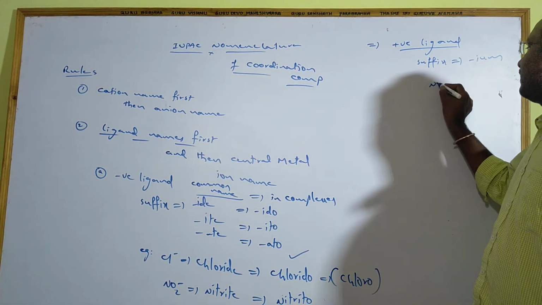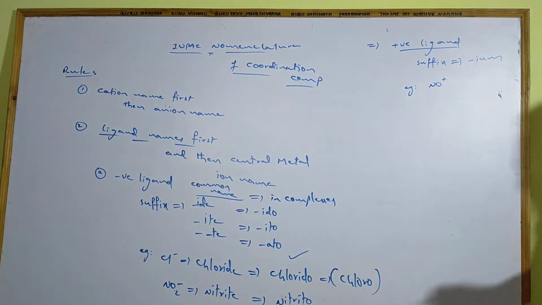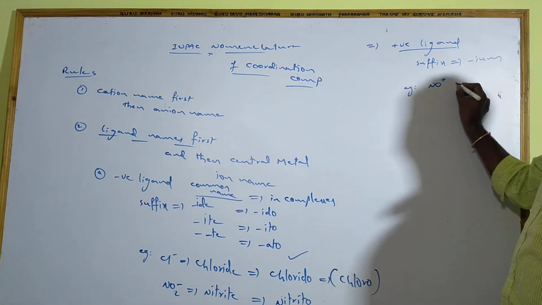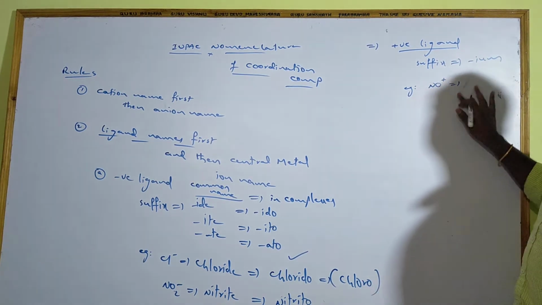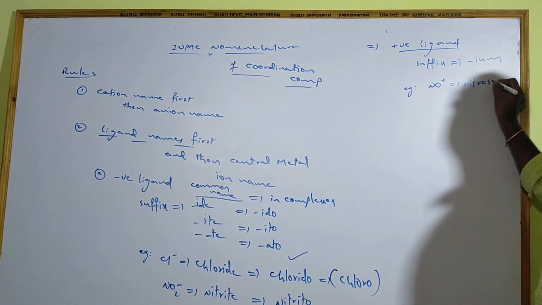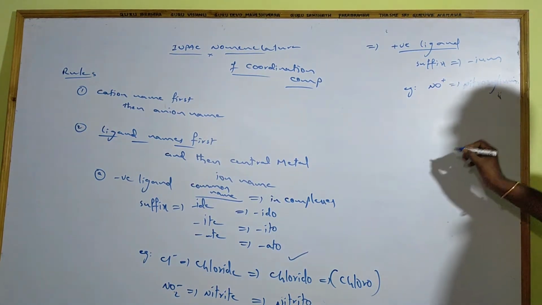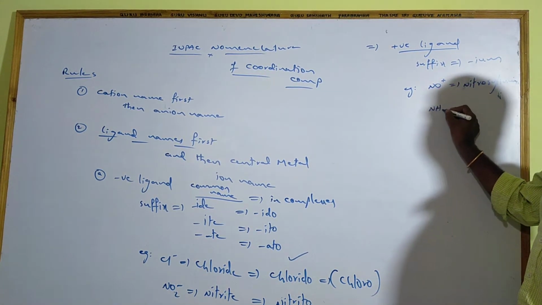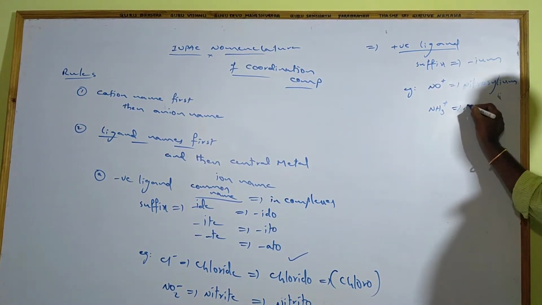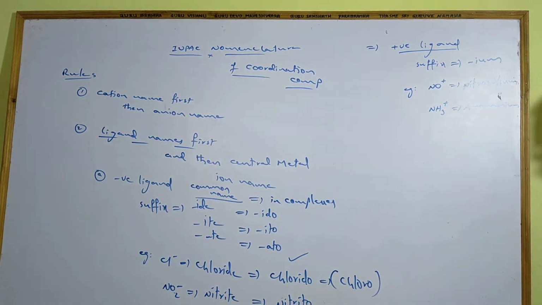For example, if NO plus is the ligand: NO alone is nitrosyl, but NO plus is called nitrosylium. And if NH3 plus is there, it is ammonium. You have to write like this.